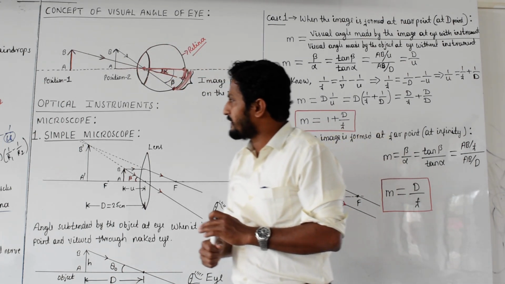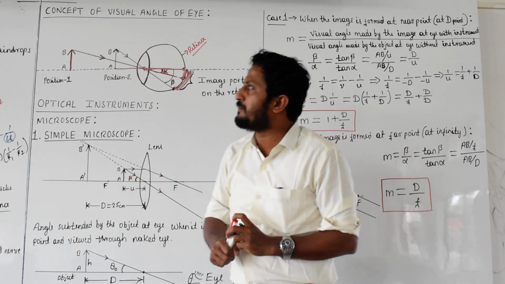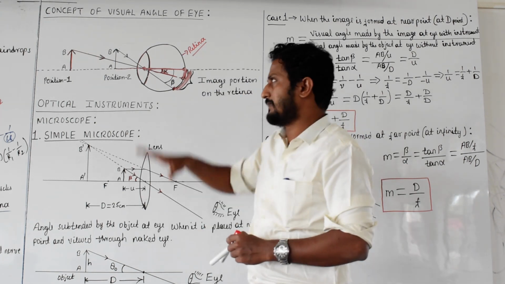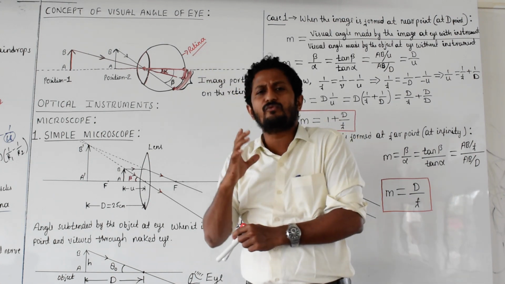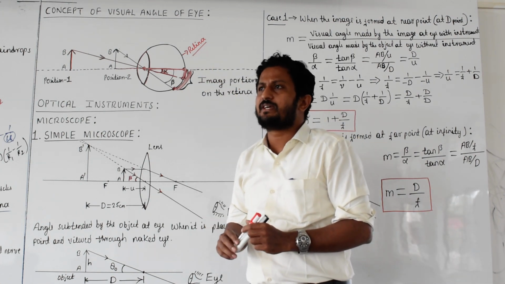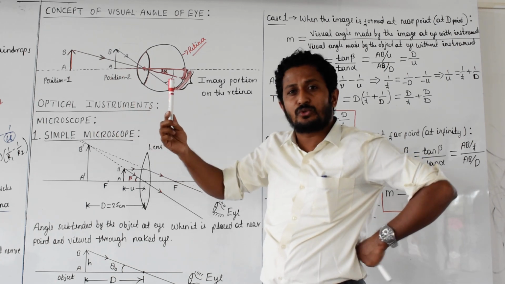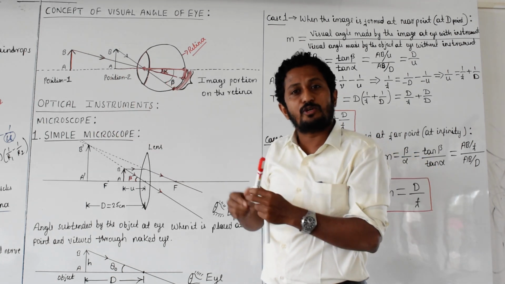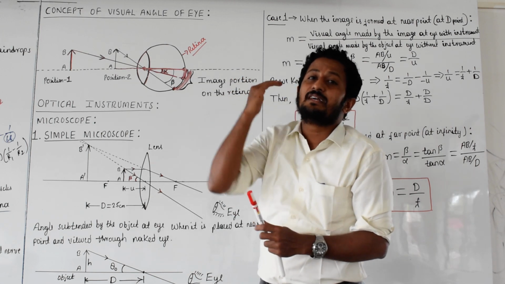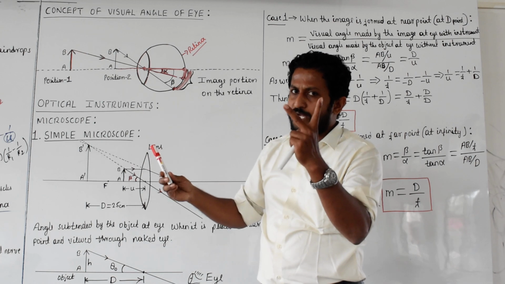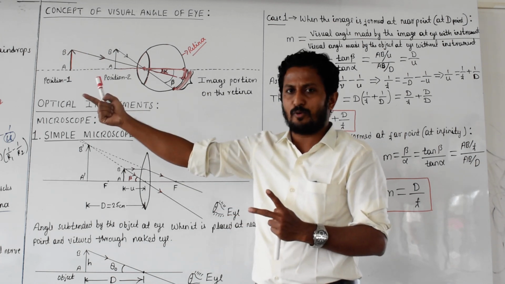So now you see, these two are very important. One is power of accommodation, and the other is visual angle. I already said, as we take the object close to our eye, the visual angle keeps increasing. See, the eye has two points, near point and far point.